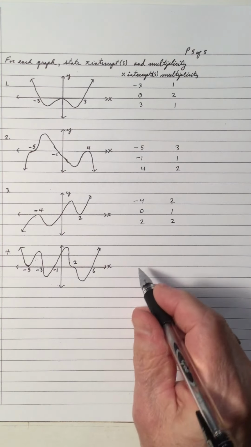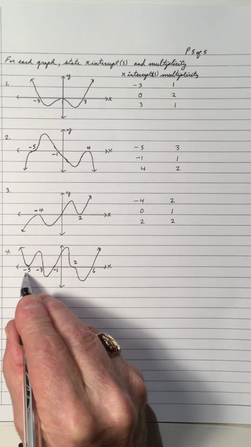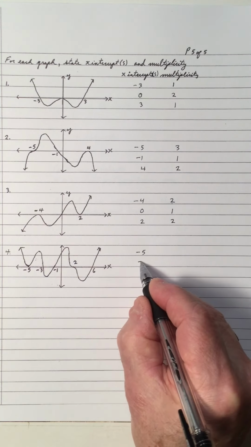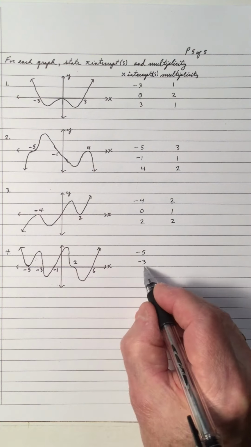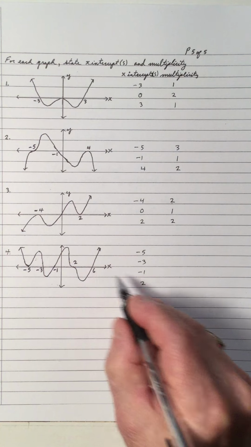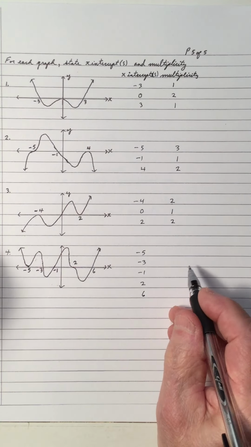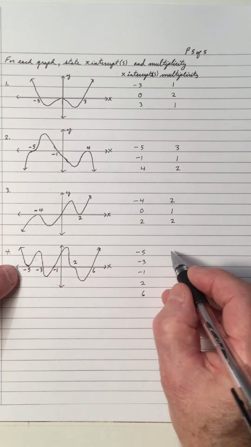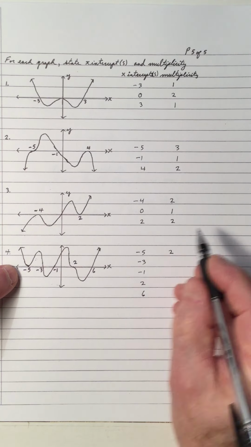Here we go. Our intercepts are -5, -3, -1, 2, and 6. So let's look. At -5 is tangent, it's bouncing off, so that's a square, multiplicity of 2.